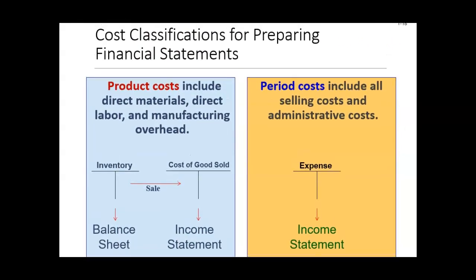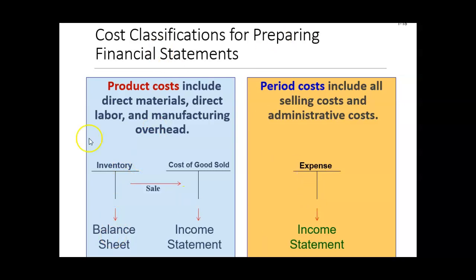Okay? Now, it's time to prepare what we call the financial statements. This is a report that tells us certain information about that particular business organization. The product cost, which consists of direct materials, direct labor, and overhead, goes to what we call the inventory account. The inventory account is an asset, something of value, that is shown on the balance sheet for the company.